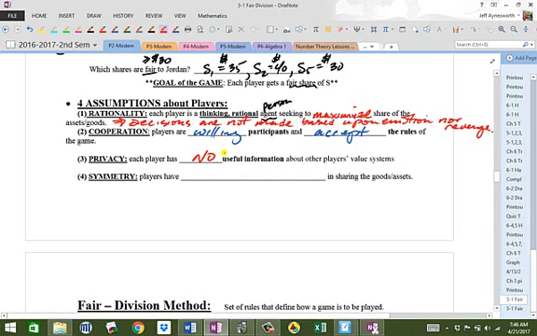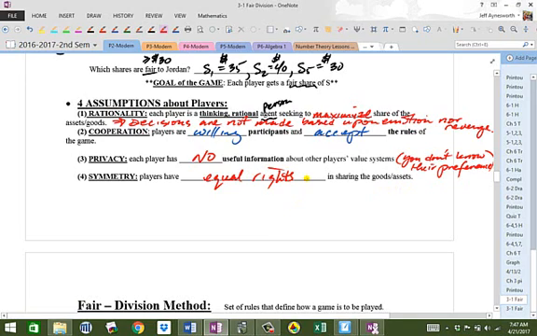You don't know their preferences. And in respect to symmetry, what that means is that each player has equal rights to sharing the goods. Everybody has equal rights when sharing the goods.